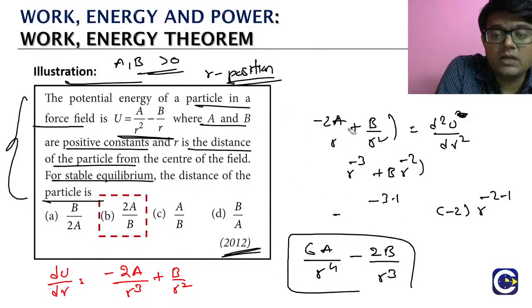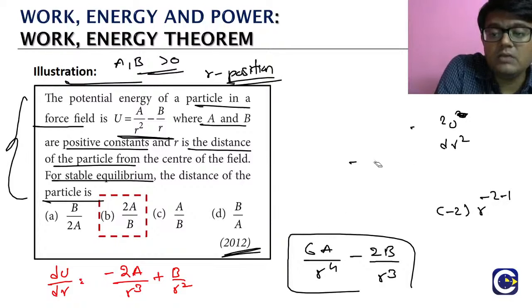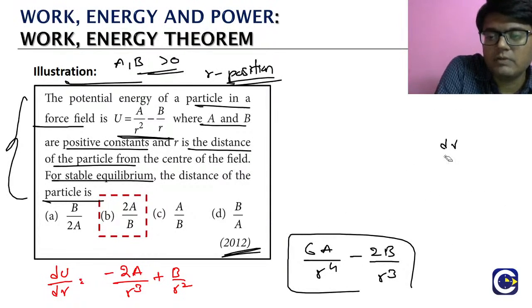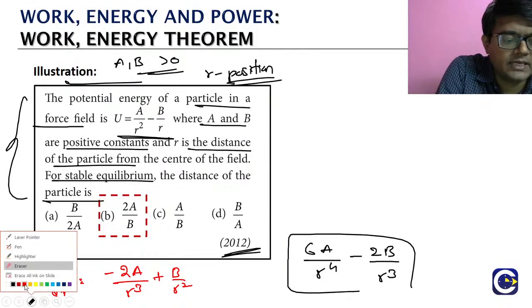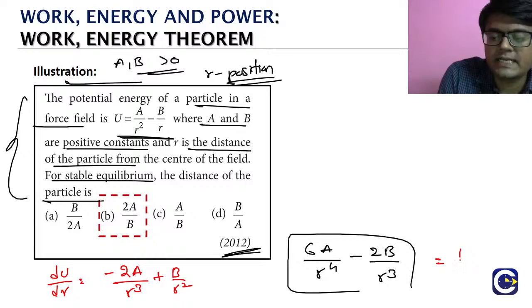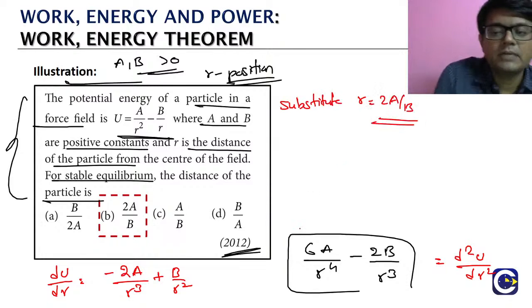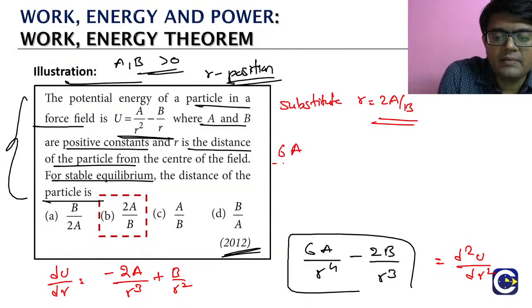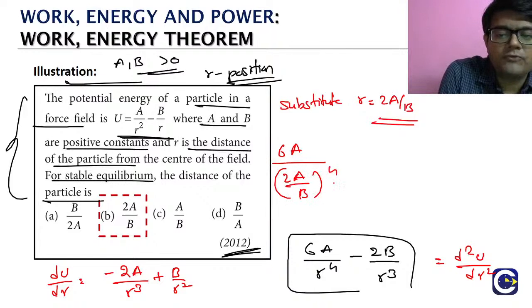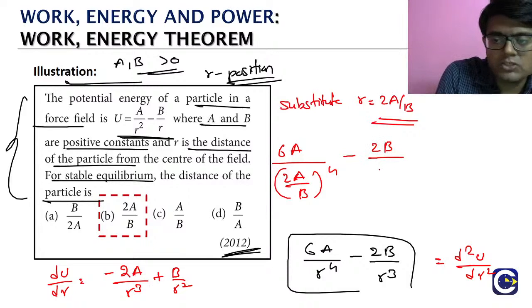The r value we got is 2a by b, so we substitute r is equal to 2a by b in d square u by dr square. From that we will know whether the equilibrium is stable, unstable or neutral. So 6a by r power 4, where r power 4 means 2a by b whole power 4, minus 2b by r cube, and r cube is what?